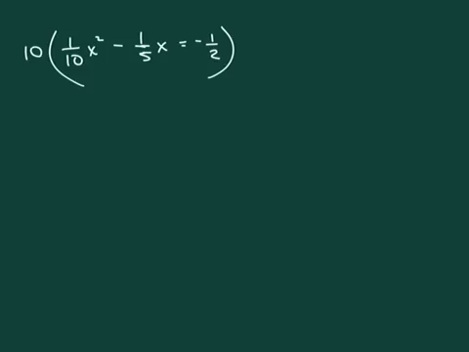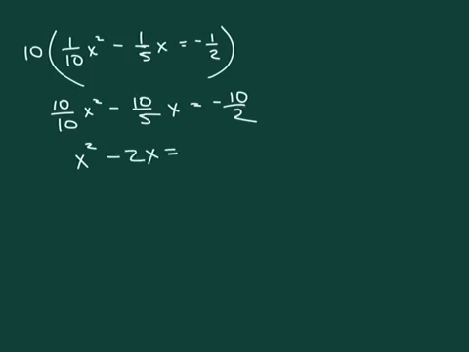So if we multiply everything by 10, we get 10 over 10 x squared minus 10 over 5x equals -10 over 2. So this becomes a 1, x squared minus 2x equals -5. So our fractions go away. We move that 5 over to that side, and that looks a heck of a lot better.